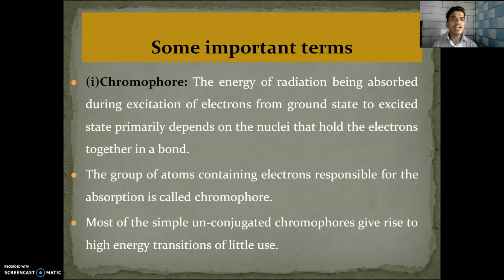The energy of radiation is absorbed during the excitation of the electron from the ground state to the excited state, depending primarily on the nuclei that hold the electrons together in a bond. So chemical structure is very important for the absorption of radiation energy. The group of atoms containing electrons responsible for absorption is called the chromophore.